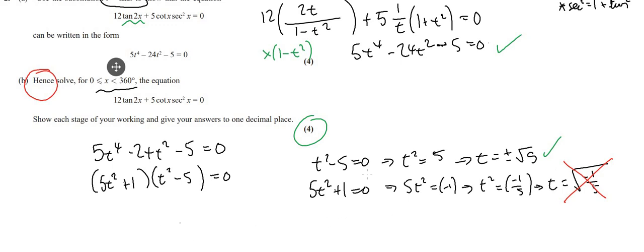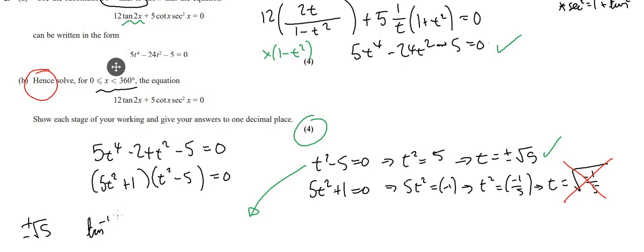So now, what are we doing? Okay, so we've basically got our solutions here. We've got plus and minus the square root of 5. So what do we do? Well, all we need to do is take our function, which is tan.